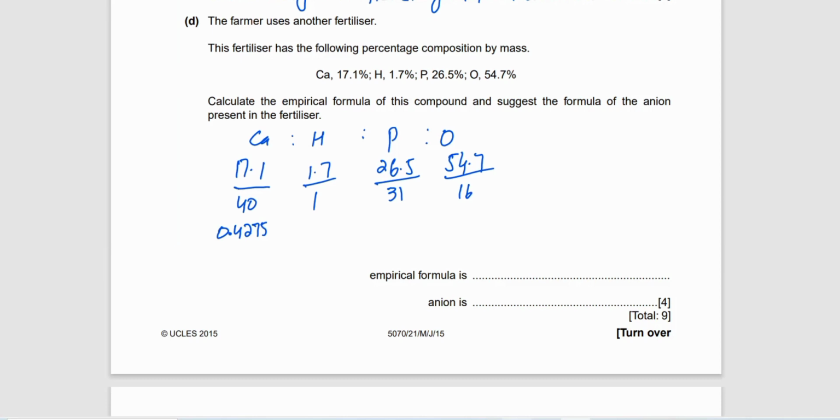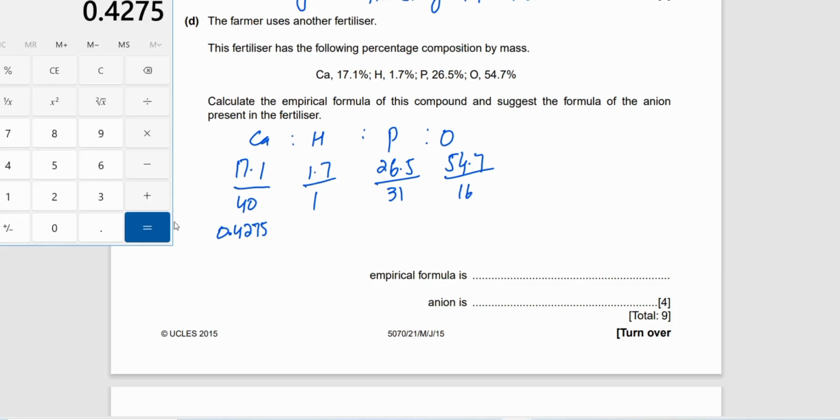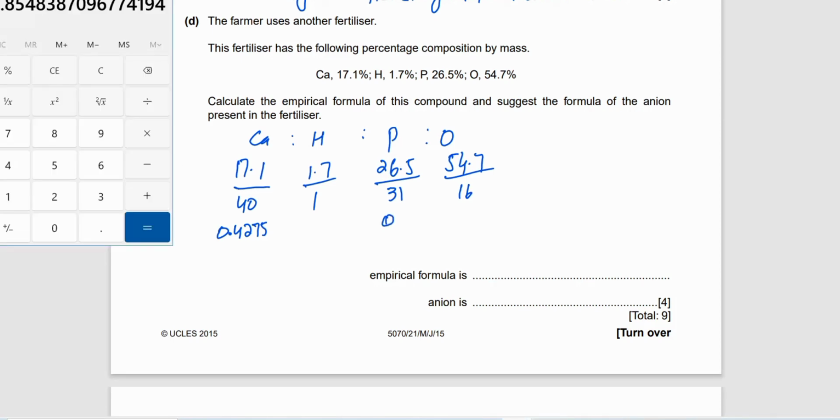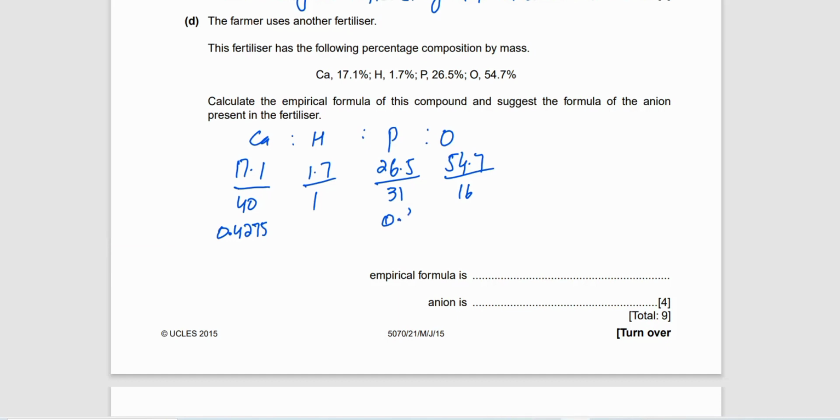Okay, then hydrogen is as it is, 1.7. 26.5 divided by 31, what's the answer? 0.854.